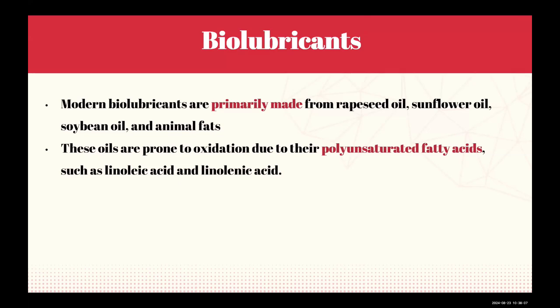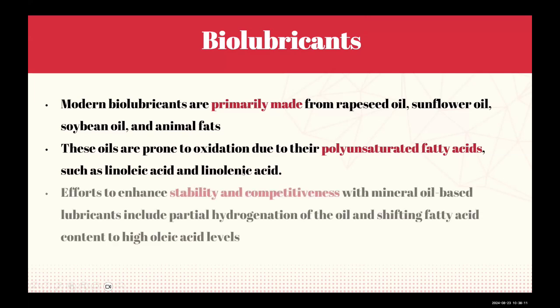This has caused the biolubricants to have oxidation problems. There are also issues with the stability and competitiveness of these biolubricants. A lot of research is actually being conducted to see how we can improve the quality of biolubricants to ensure that they are up to the market standard compared to the petrochemical counterparts.